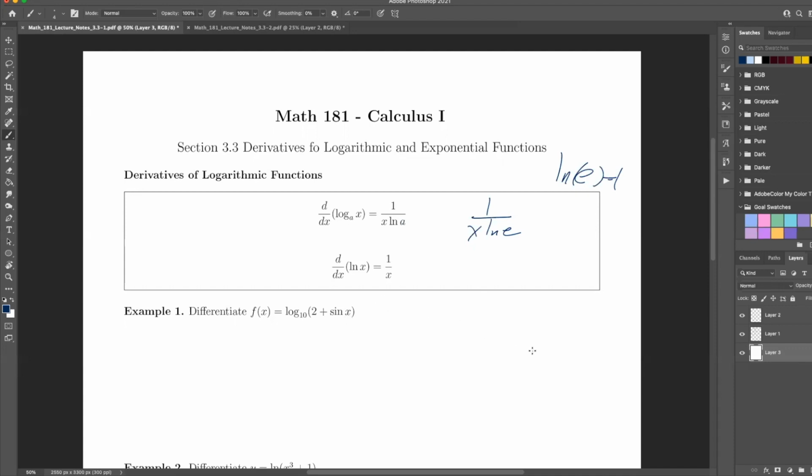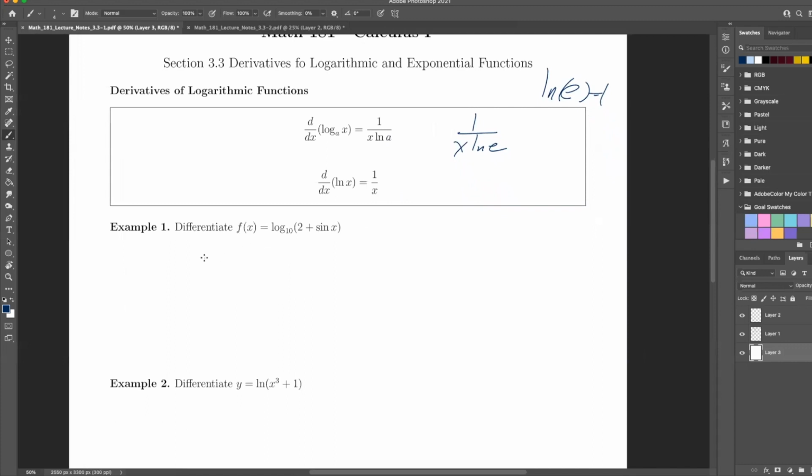All right, so in order to do this, let's go ahead and do this. f prime is equal to 1 over what's on the inside, so it'll be 2 plus sine of x multiplied by ln of 10. But hold on, we're going to do a little bit of chain rule here.